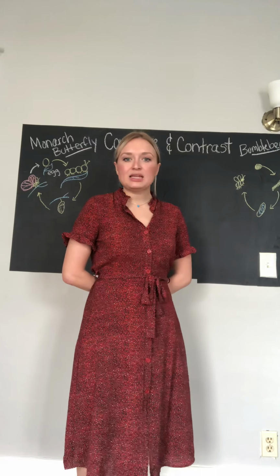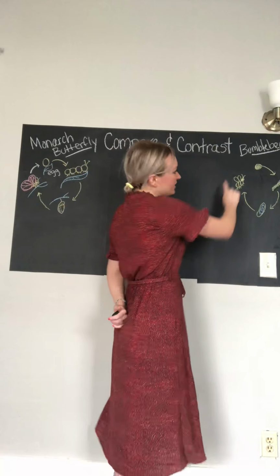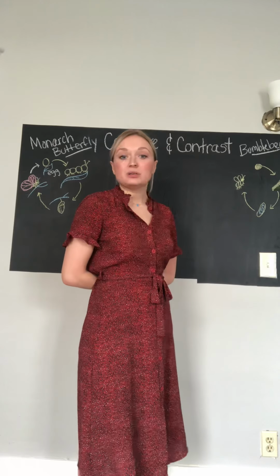As I said before, the queen bee is the only bee that lays eggs. Therefore, unlike the monarch butterfly, this cycle is not necessarily a complete cycle each time. When a queen bee hatches, she will complete the cycle and lay more eggs. However, if it's just a worker bee or a male bee, no eggs will be laid. All right, let's begin comparing and contrasting.